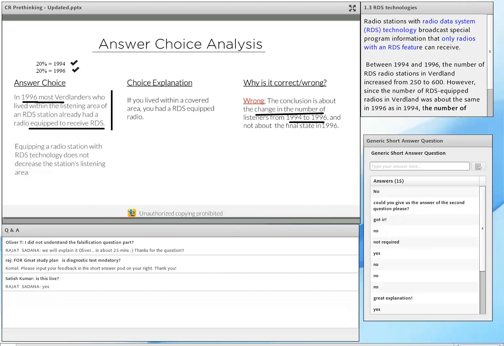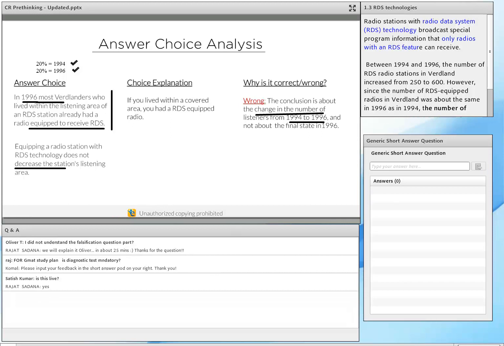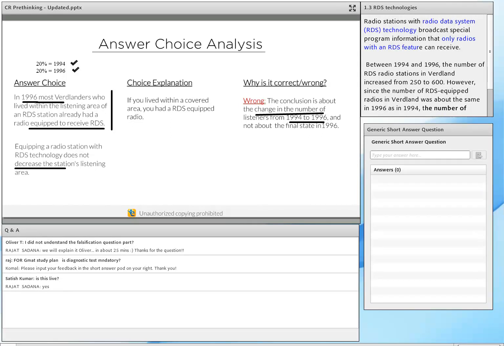Equipping a radio station with RDS technology does not decrease the station's listening area. What kind of programming are we concerned about in my conclusion? You have the conclusion right over there. What kind of programming am I concerned about? Special programming. Now, let me ask this question. What is the range of special programming from a radio station that does not have RDS technology?